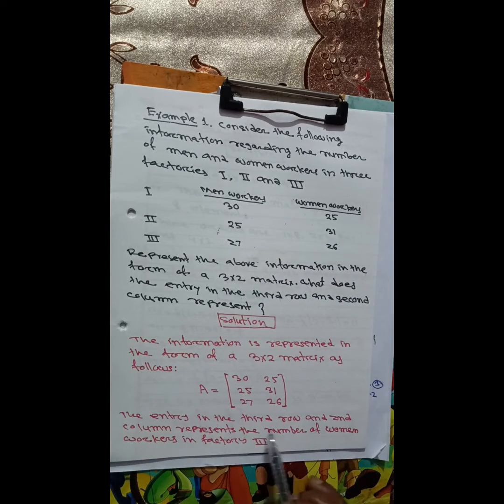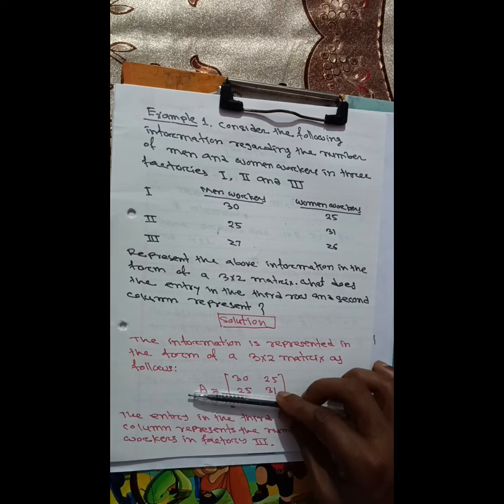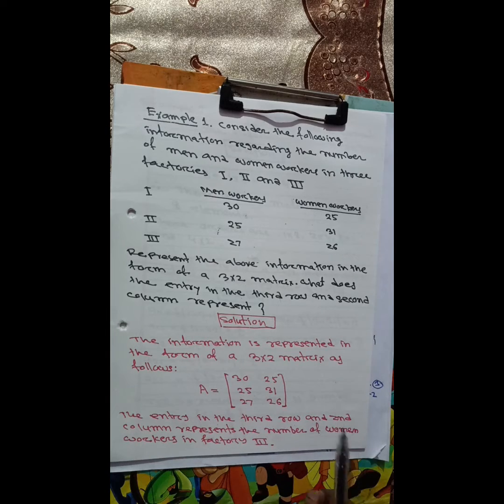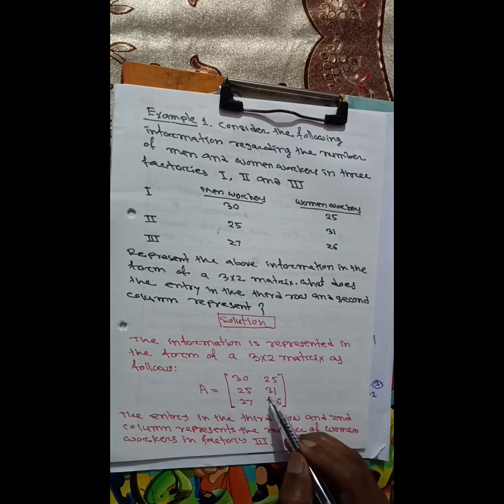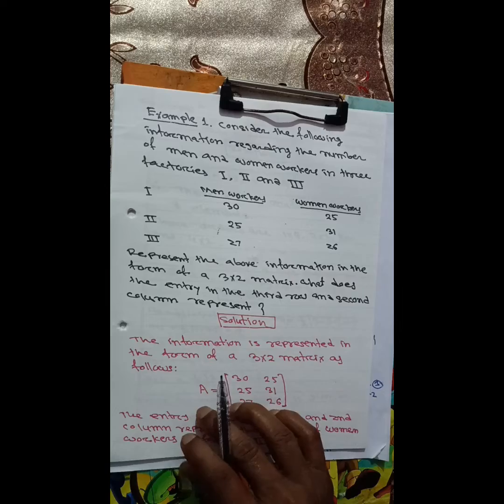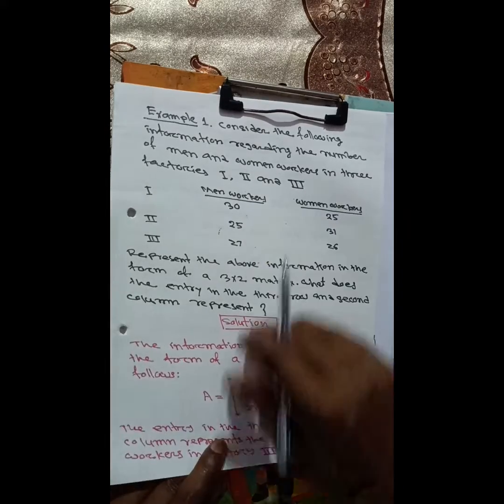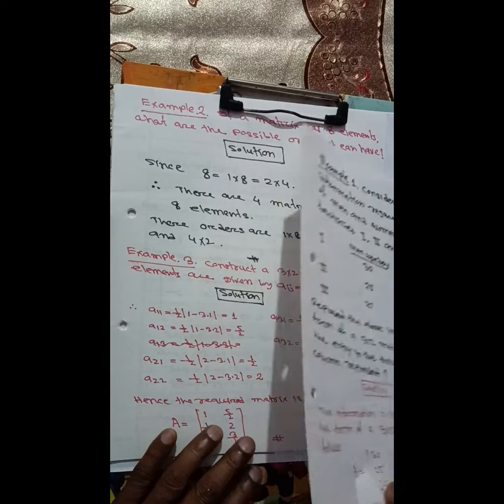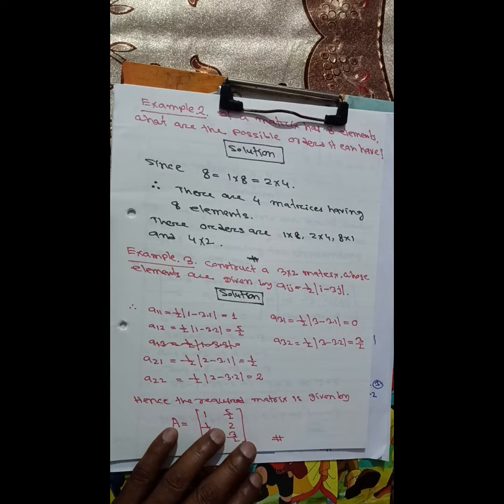The entry in the third row and second column, that means this element, represents the number of women workers in factory 3. Next we are going to discuss example number 2.